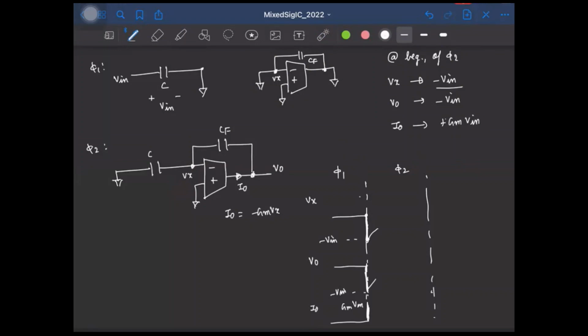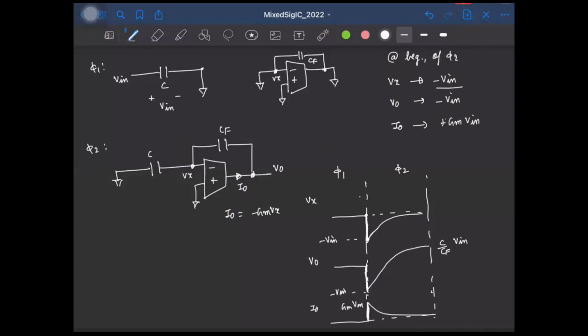So the rate at which the voltage increases will also reduce. So we'll have this kind of an exponential behavior where Vx finally settles to 0. Similarly, V0 will exponentially rise and settle to C by CF times Vin, right? And similarly here also, the current will become 0.